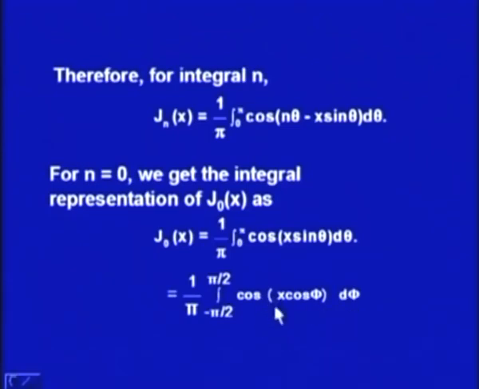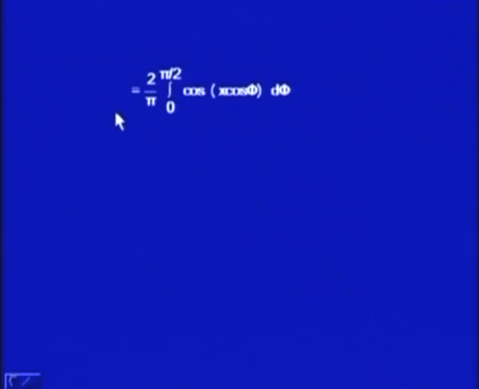Now, since cos(x cos phi) is an even function of phi, making use of the property of definite integrals, we can write the integral over minus pi by 2 to pi by 2 cos(x cos phi) d phi as 2 times integral 0 to pi by 2 cos(x cos phi) d phi, and so we will get 2 over pi integral 0 to pi by 2 cos(x cos phi) d phi, which is equal to 2 over pi integral 0 to pi by 2 cos(x sin phi) d phi, because we have the property of definite integrals that integral 0 to a f(x) dx is equal to integral 0 to a f(a minus x) dx.